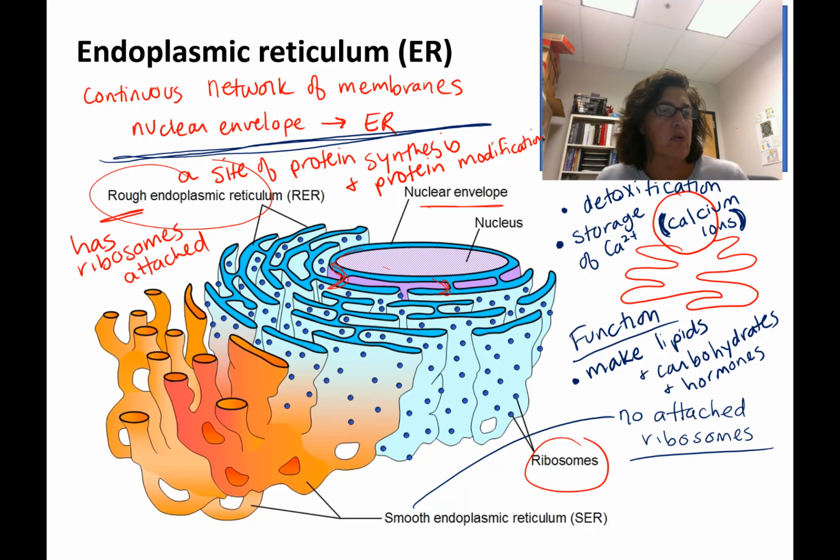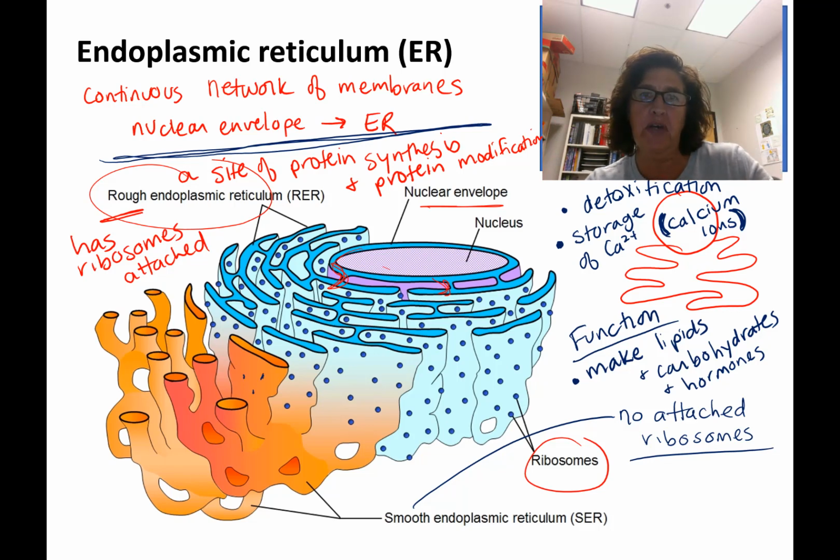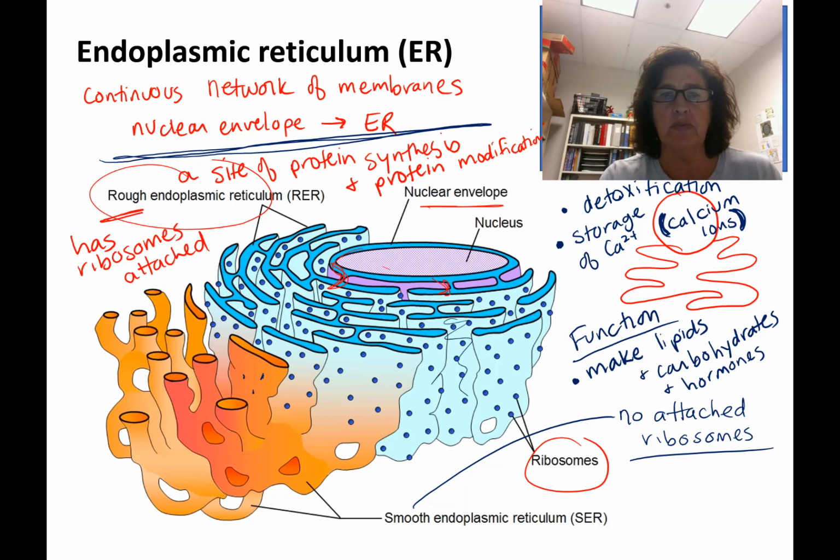What's really super cool is that these two, being a continuous network of membranes, can kind of change. So smooth ER can become rough if the cell needs to make a whole lot of proteins, then more ribosomes will start attaching and it will become rough ER. Or, like I said, in the liver, if you really need to work on detoxification, you'll lose ribosomes and the rough ER will become smooth ER. Pretty cool.